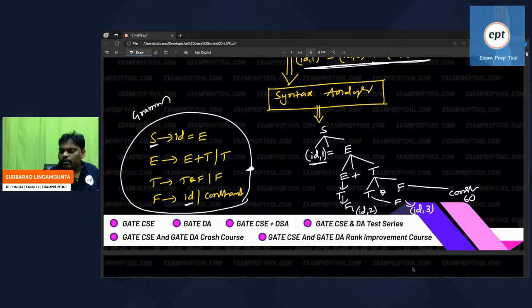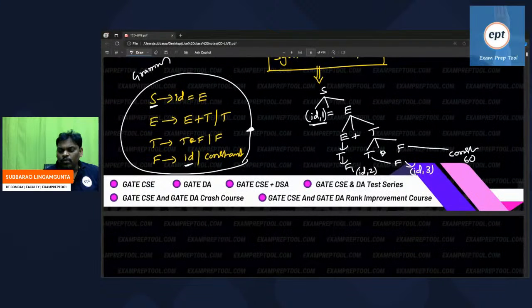Now, it's a very, very interesting question. No need to get confused. Can anyone help me? What is the syntax analyzer output?